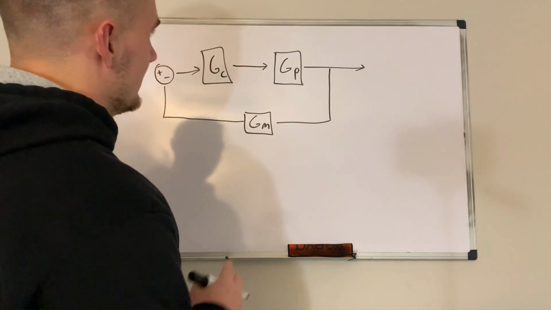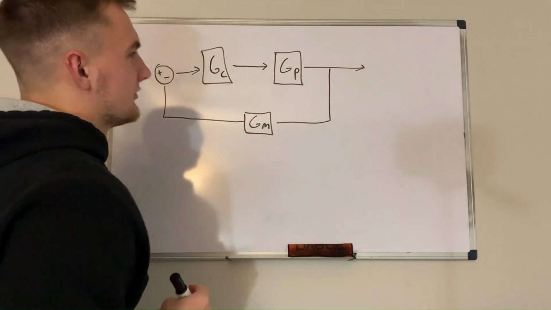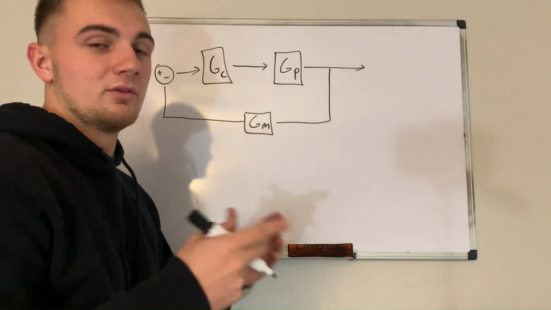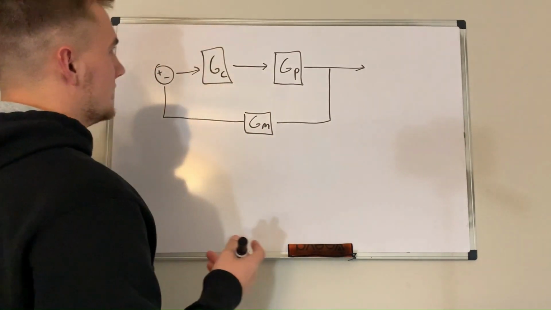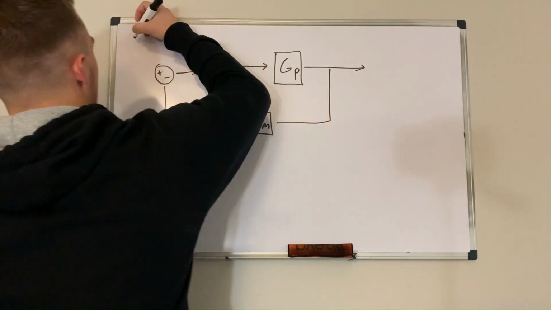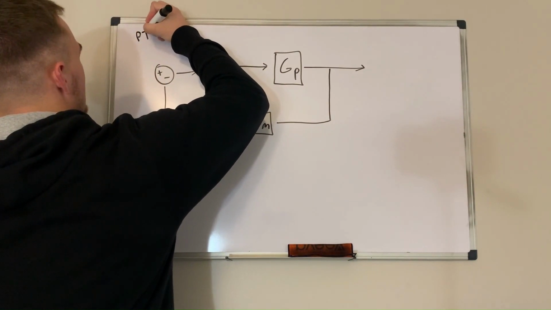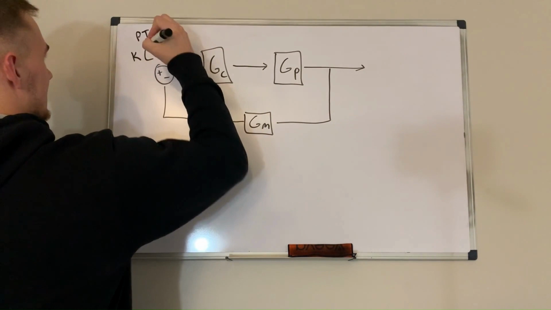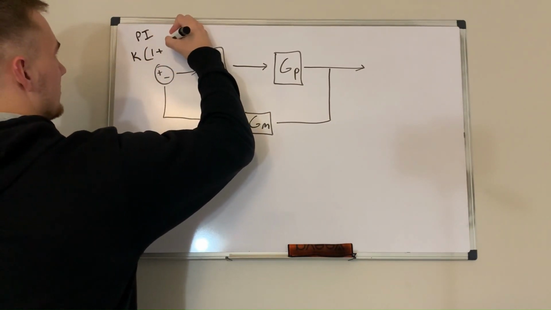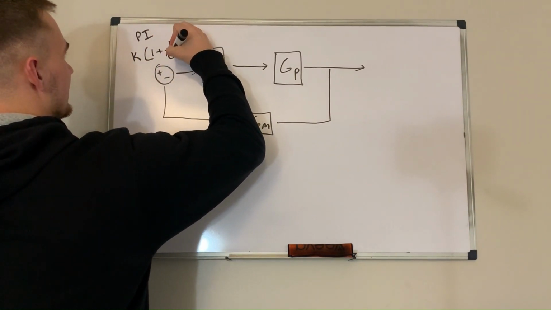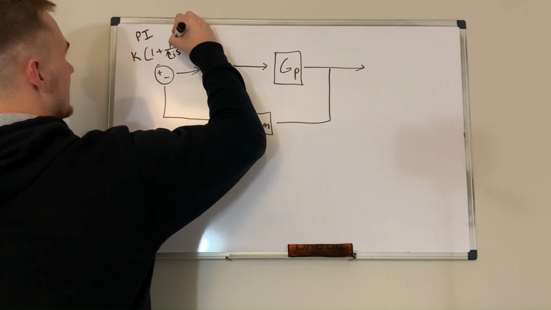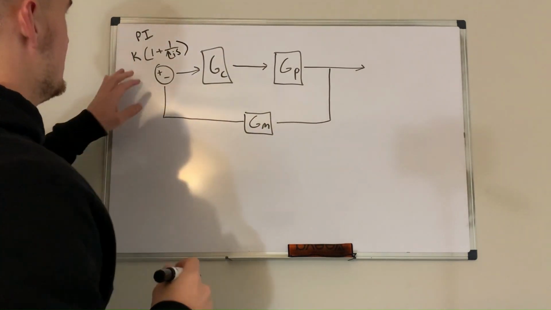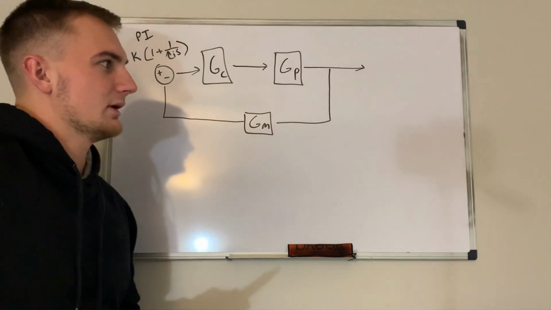Well, if we have all this experimental data, we still possibly want to have a controller on it. So let's say we want our controller to be a PI controller. If that's the case, we'll still need our gain, K, and 1 plus 1 over tau I s. So we're still going to need this K and tau I, right?